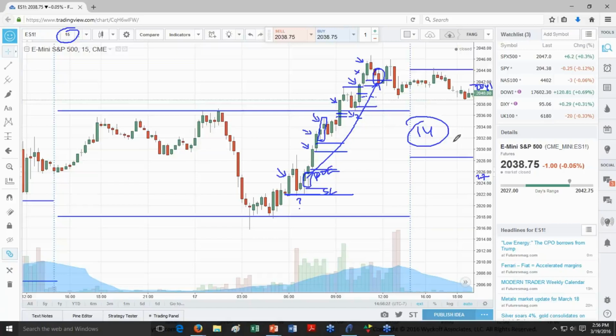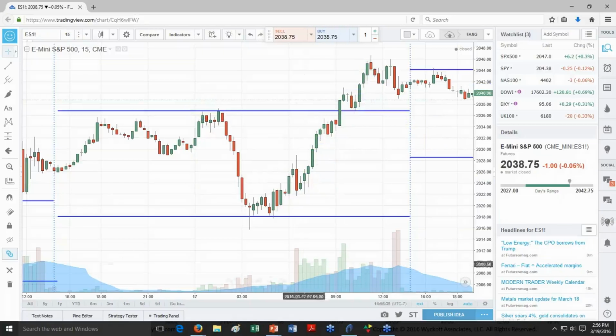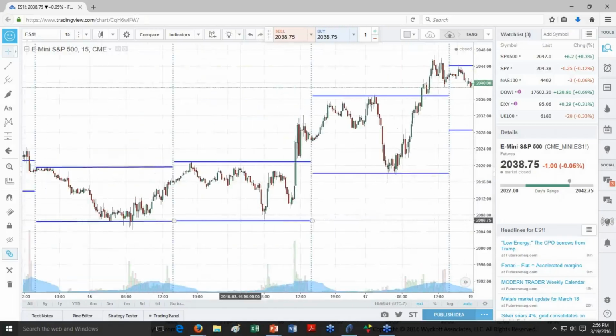Please note again, how did I even think about this target right here? Well, it's all because of the pre-market activity. You can still use the previous day, and actually I do want to look at that, because in a lot of cases it's going to give me some kind of boundaries.